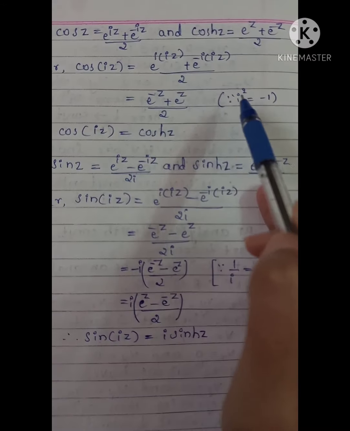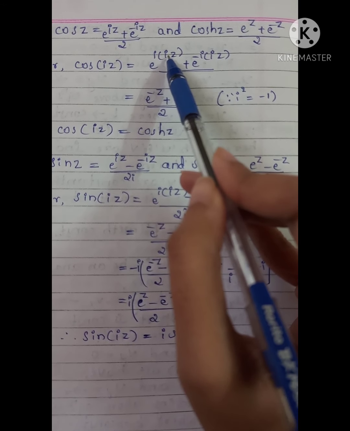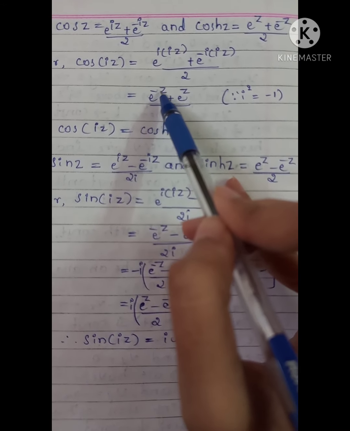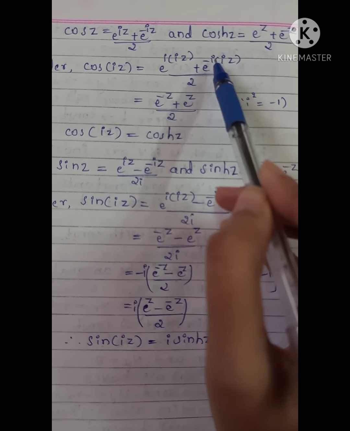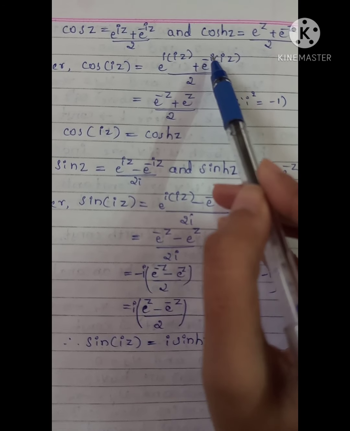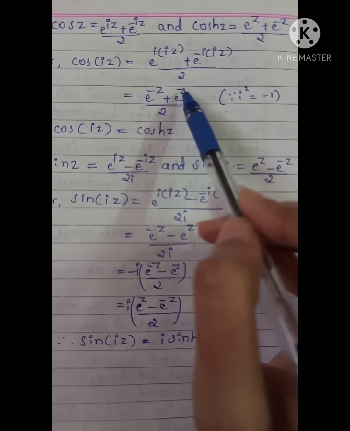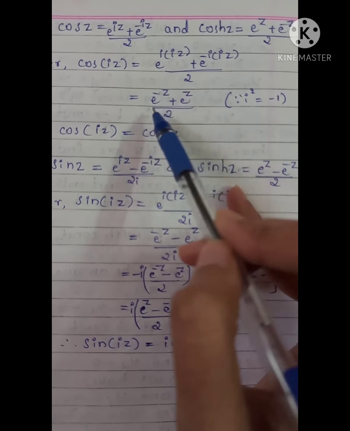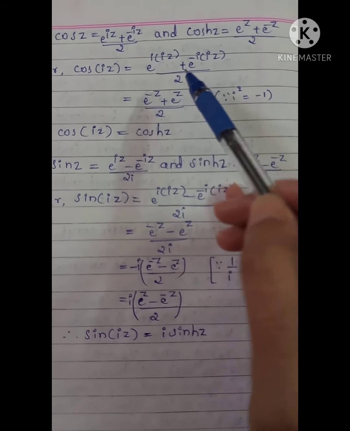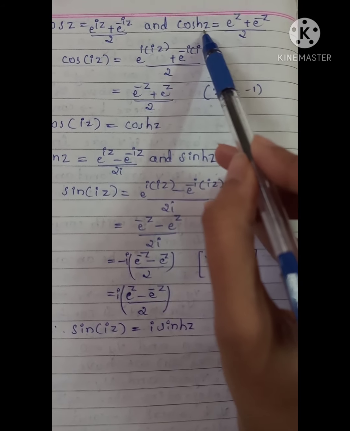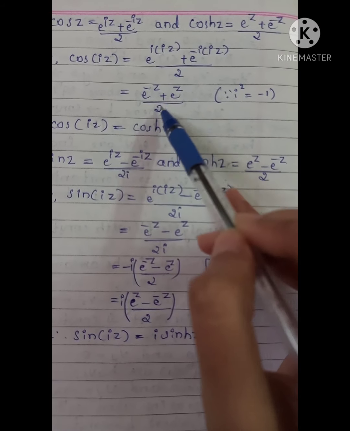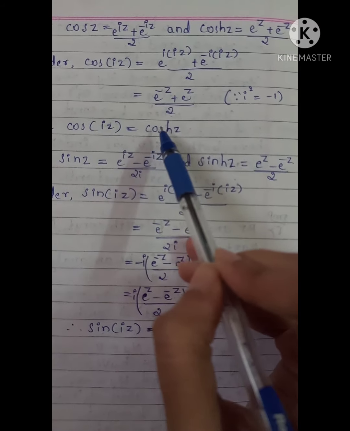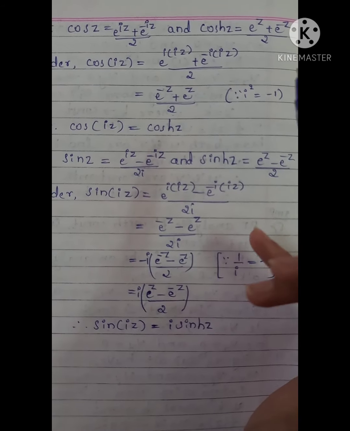We know that i into i is i square, whose value is minus 1, therefore it is e to the power minus z plus e to the power z, divided by 2, which is equal to cos hyperbolic z.